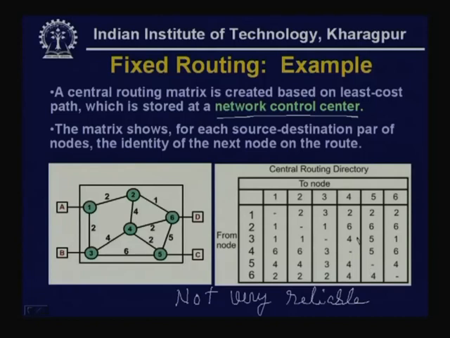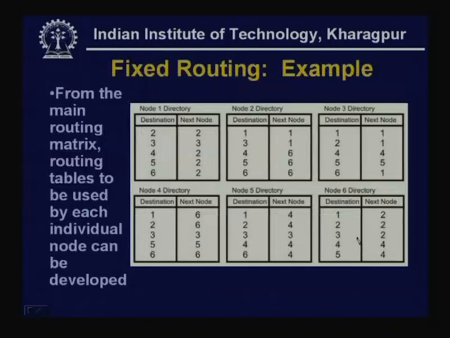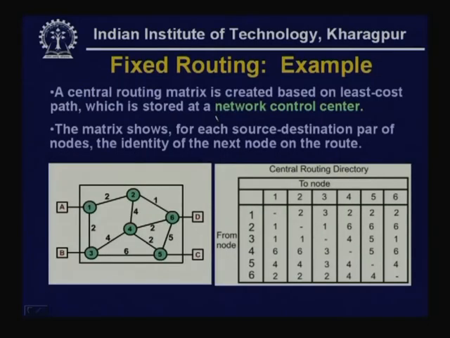Another alternative is to divide this routing directory and create separate directories for each of these nodes. That means, in each node you can keep a small copy of this particular directory. Previously we have seen there is a big directory, and from this you can create a directory corresponding to each of these nodes.